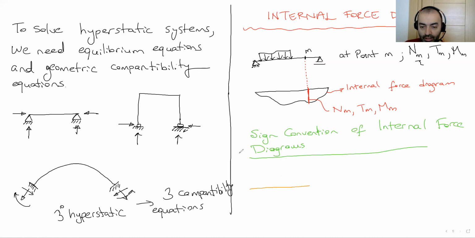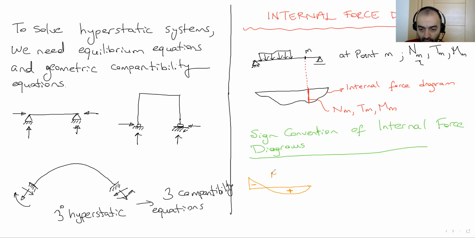I draw these internal force diagrams, what I have: moment, shear force, axial force. So according to my viewpoint, the upper part of the moment diagram is always negative. Bottom part is positive.